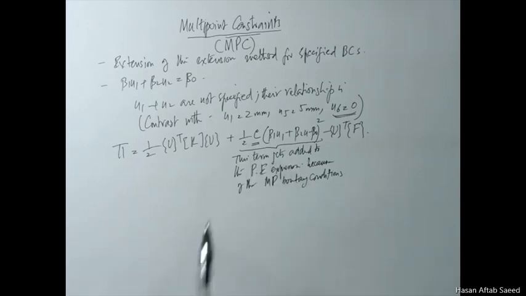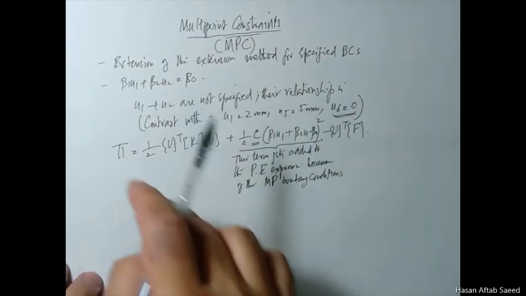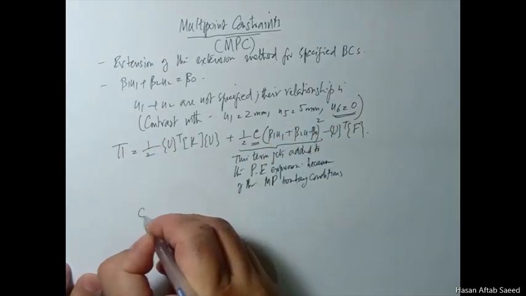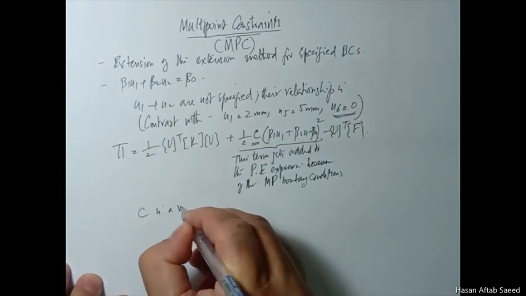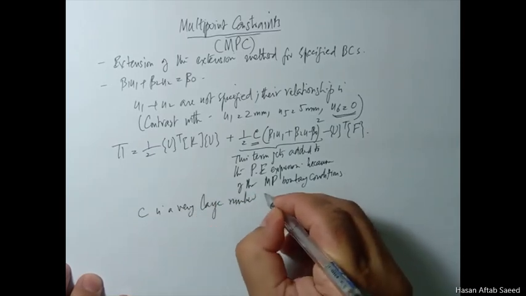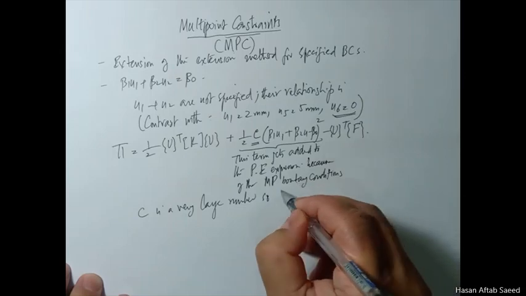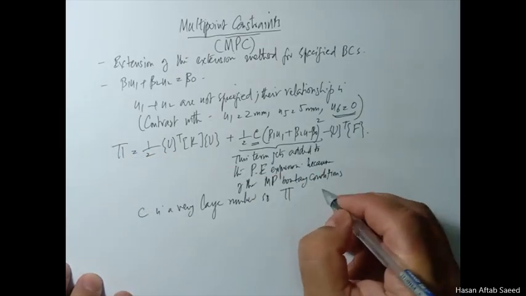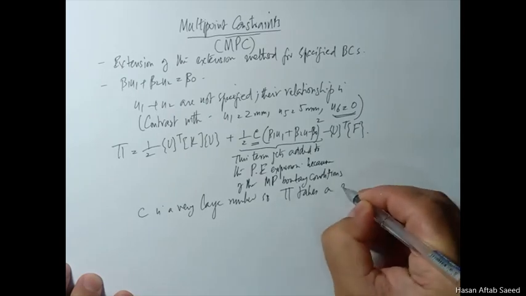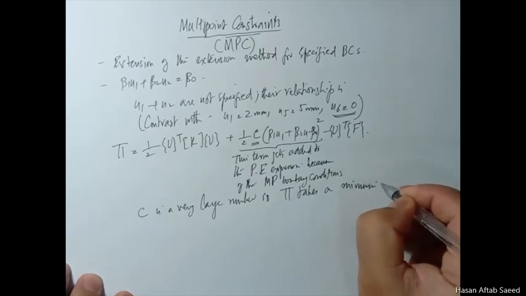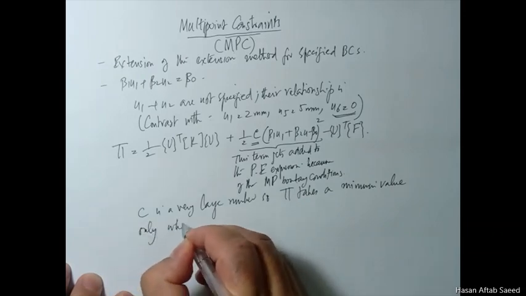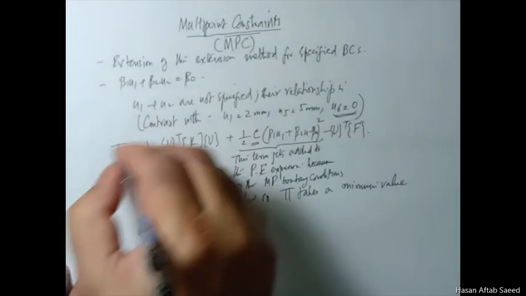So let's write it down here. c is a very large number, so this total potential energy takes a minimum value only when this expression is very small.